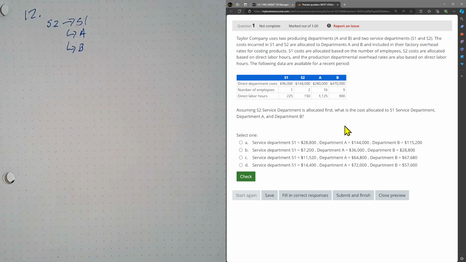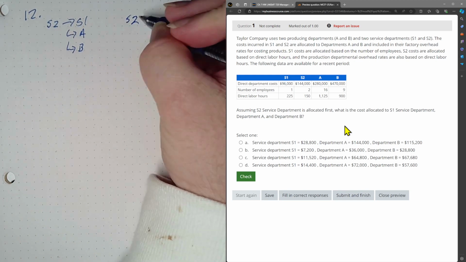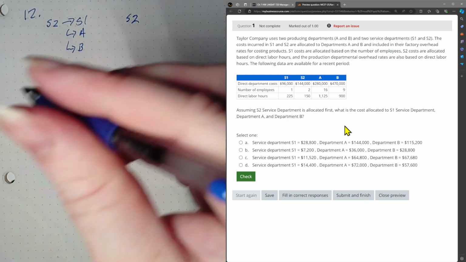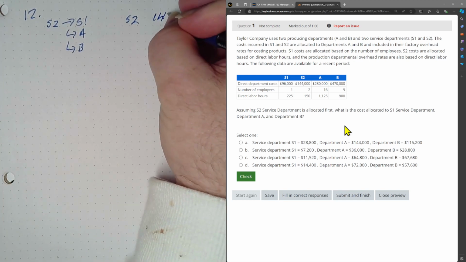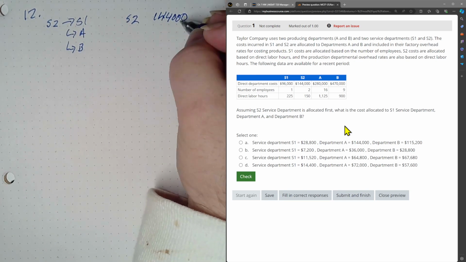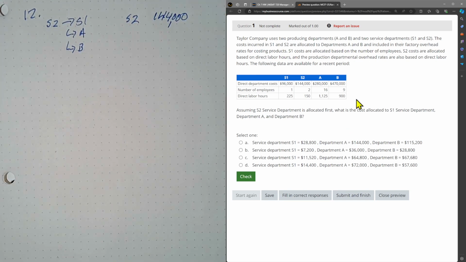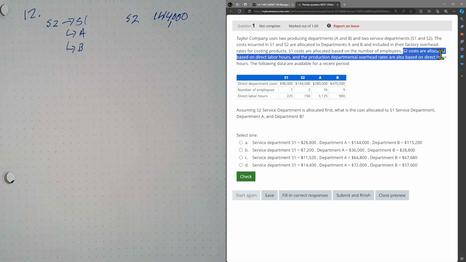Okay, so let's take a look at S2. Its total costs are $144,000. S2 costs are allocated based on direct labor hours.